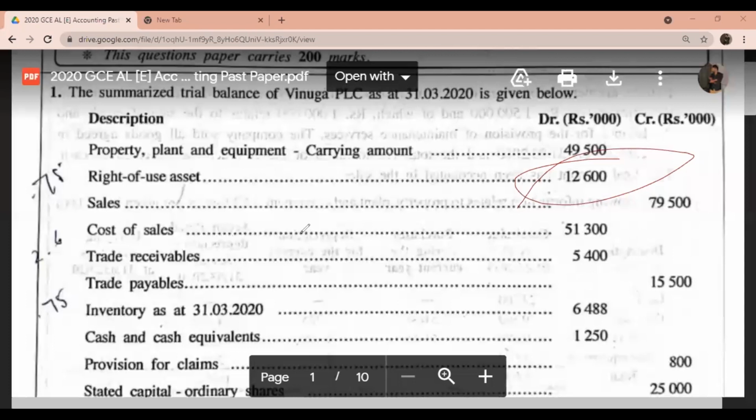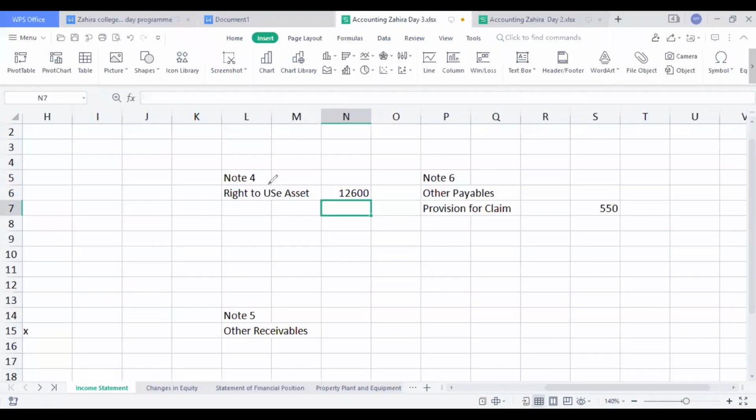So I'm going to take 12,600 here. I need a few more adjustments to do. So actually my balance is this one. I'll write my balance as brought forward balance. Then I have renovation, additions.